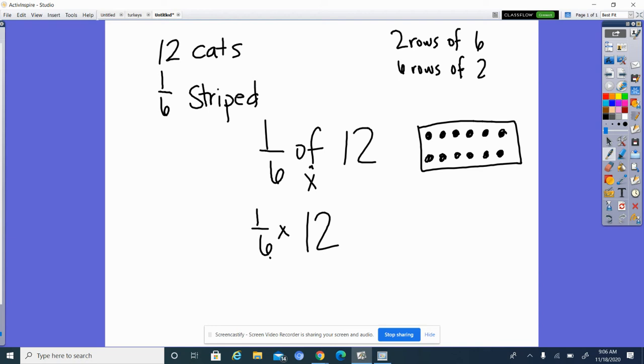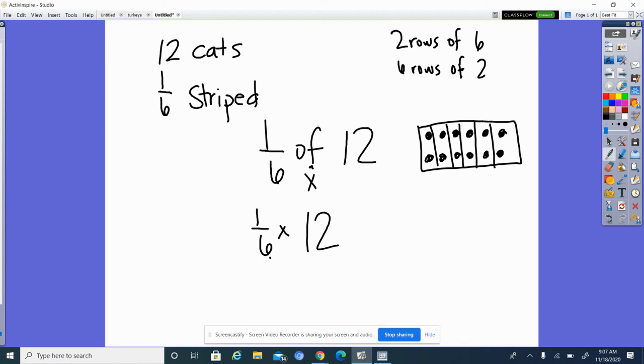Now my next question is how can I cut those so I have 6 pieces? How can I cut it so I have pieces that are in 6? Yes. Okay, good. 1, 2, 3, 4, 5, 6. Good.